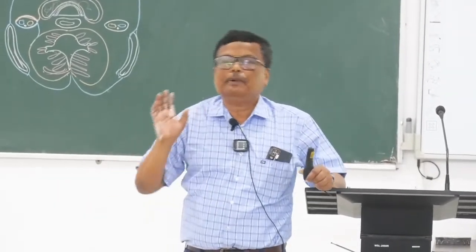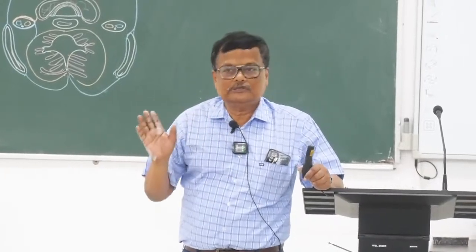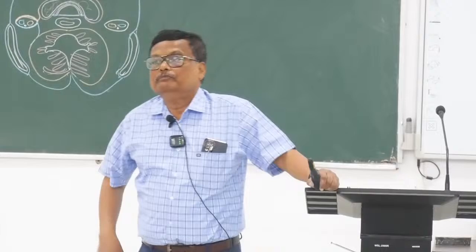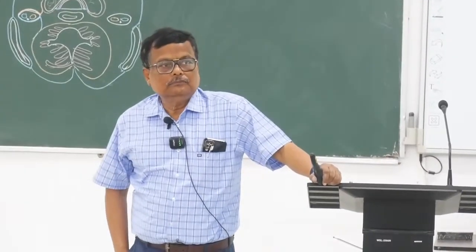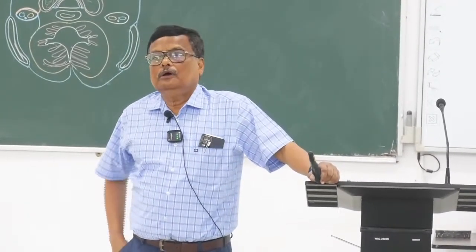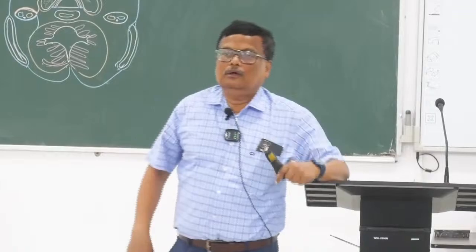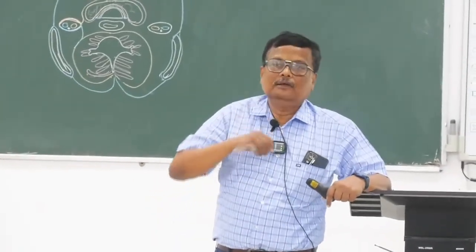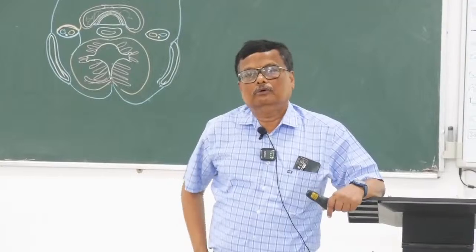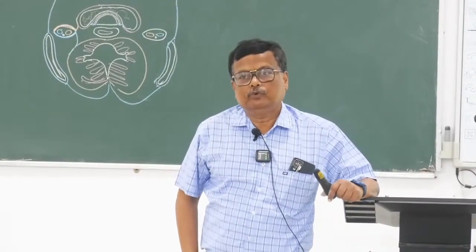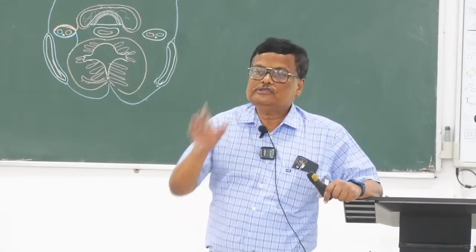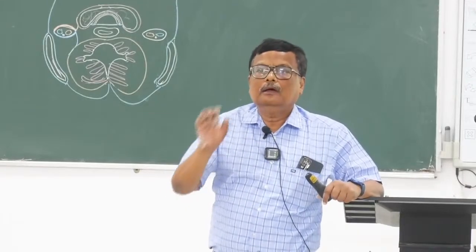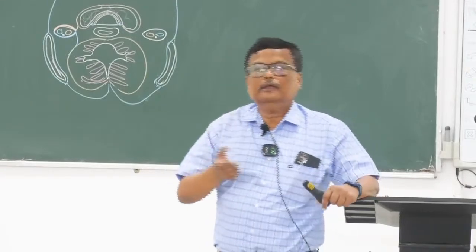So the pharynx is a part of the gastrointestinal system partly, because the pharynx is a peculiar viscera which has a dual role, both as an airway as well as a food tube or food pipe. So the pharynx is a peculiar thing, right?